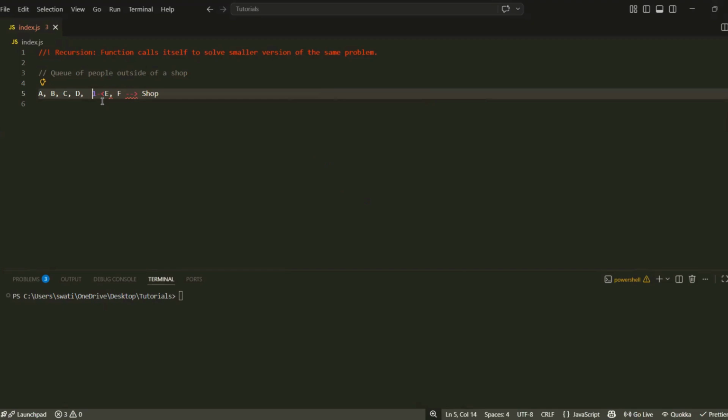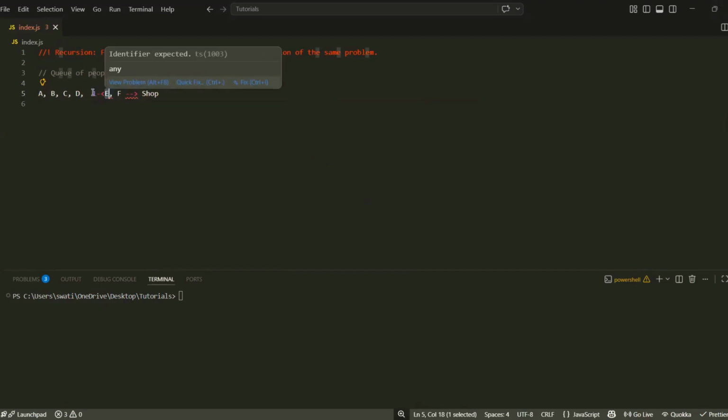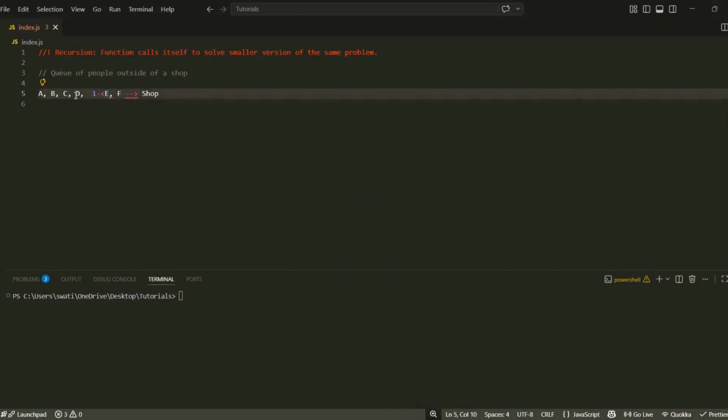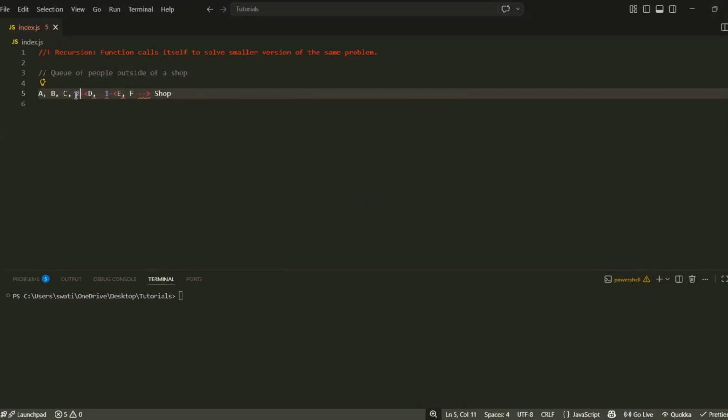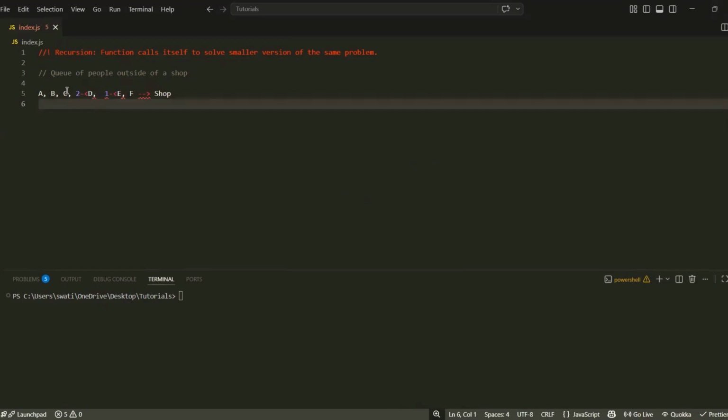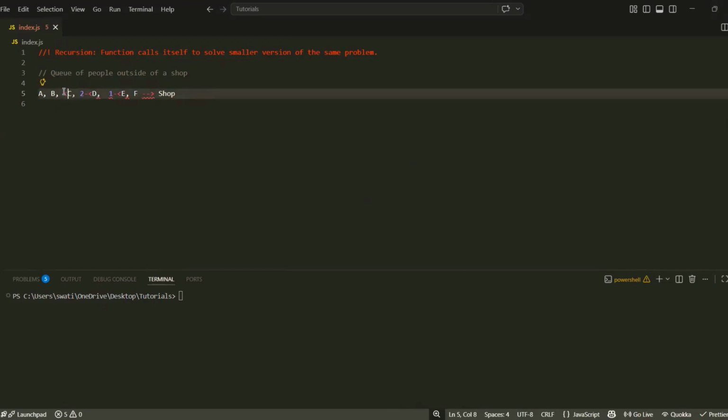Okay. Now, D, after knowing that in front of E there is one person, is going to answer C that there are two persons in front of me. Two meaning in front of E there is F, that is one person, plus E. Again, similarly, C is going to answer that there are three people in front of him, right?